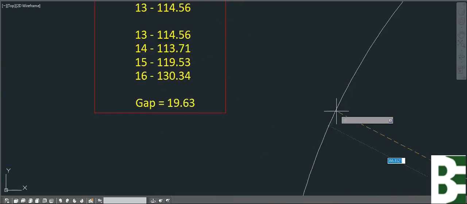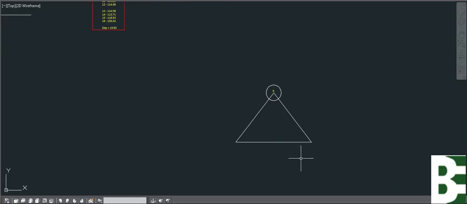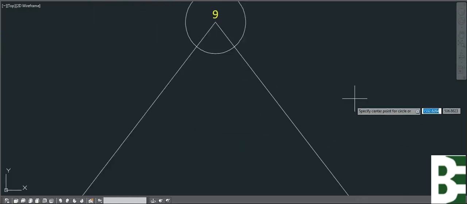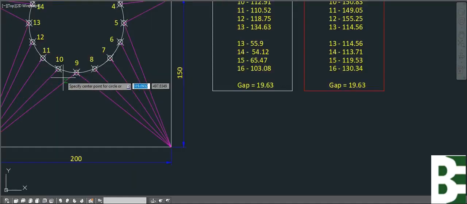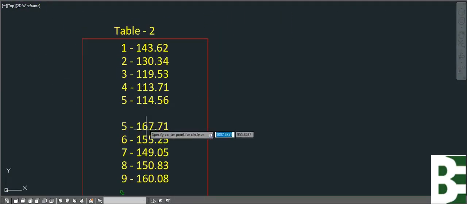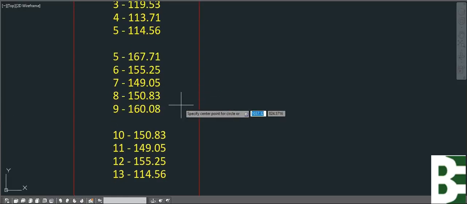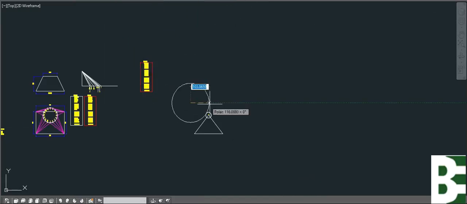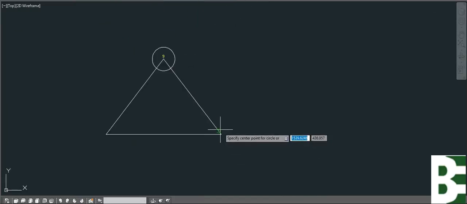Now what is the gap? 19.63. If you remember the previous video, we explained well. Now number 8, this is my right side, number 8.